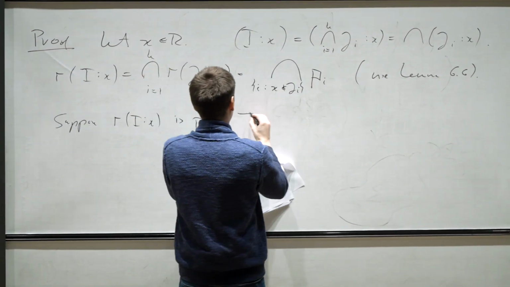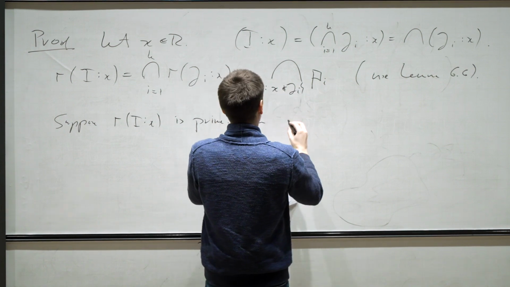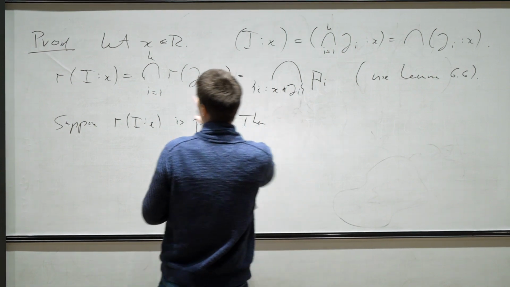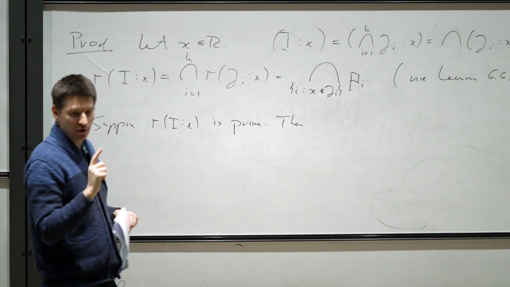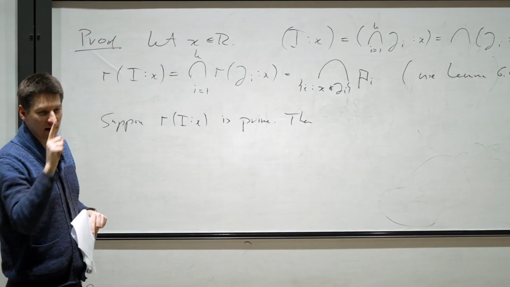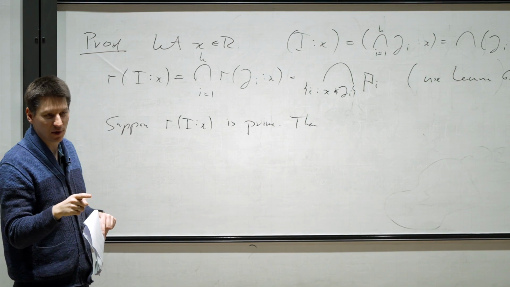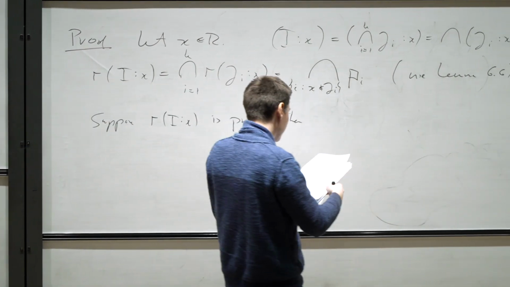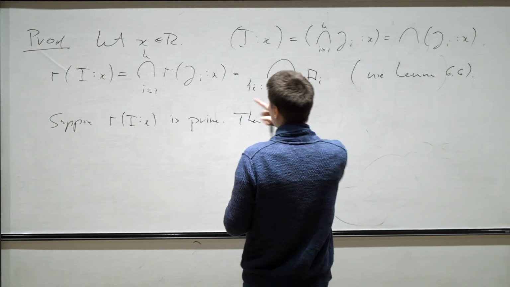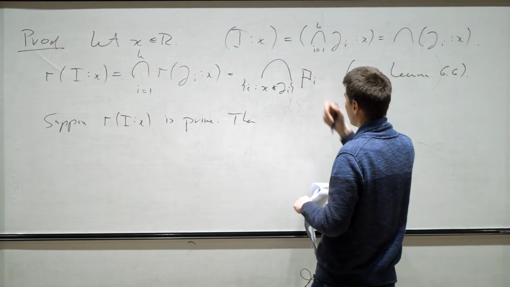Well then, we know that this is a prime ideal, and we wrote it as an intersection of prime ideals. If you remember the very beginning of last lecture, if you have a prime sitting in the intersection of primes, then it actually sits in one of them, right? And also there was this kind of furthermore, which showed you that if a prime is equal to an intersection, then the prime is one of the primes here.